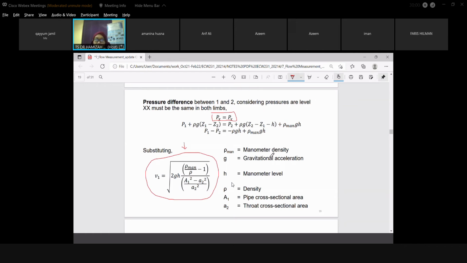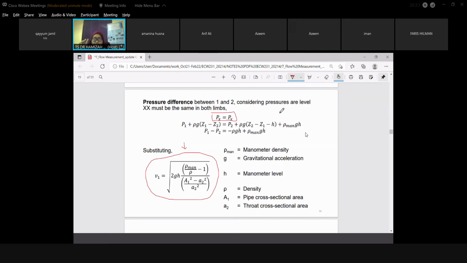So basically you will learn flow measurement of 4 devices. There are the pitot tube, venturimeter, orifice, and also notches and weirs.